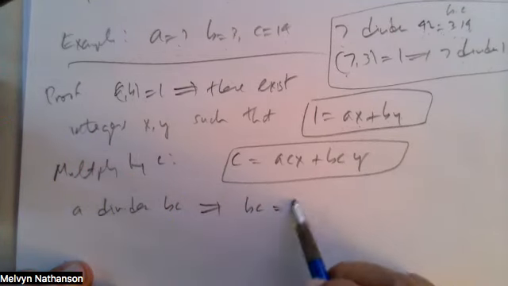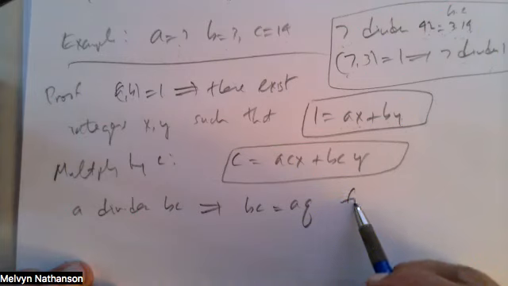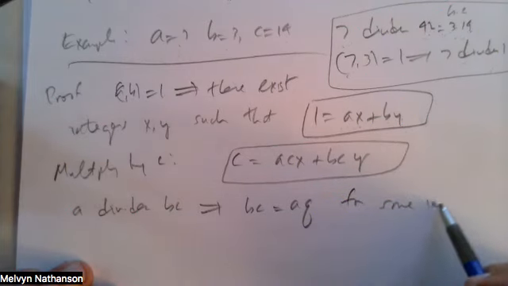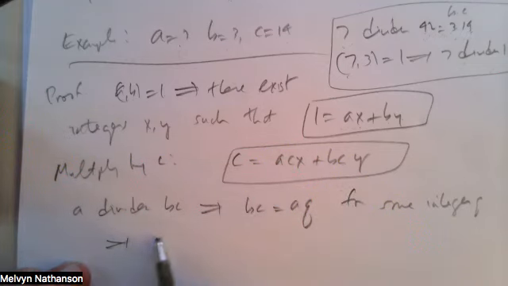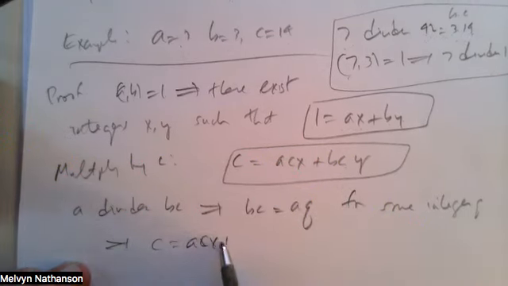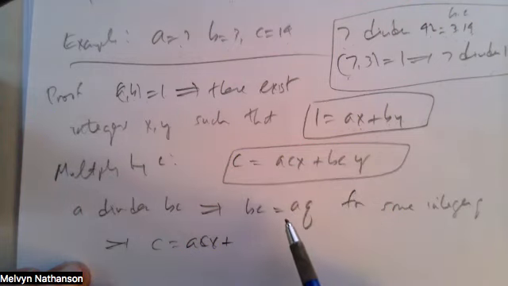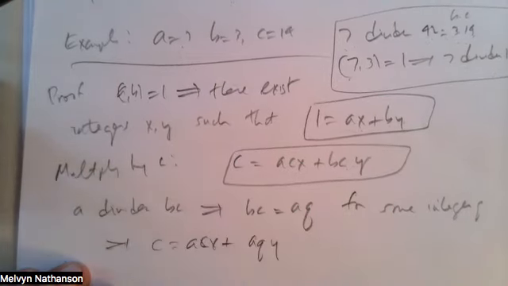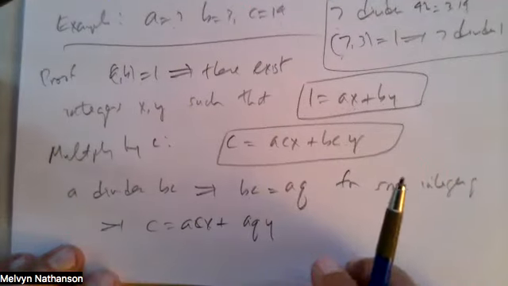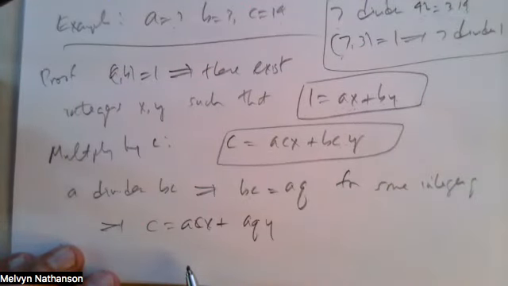So BC is A times Q for some integer Q. So let me substitute this for BC. C is ACx plus AQy. And all of these letters represent integers. A, B, C, x, y, and Q are integers.